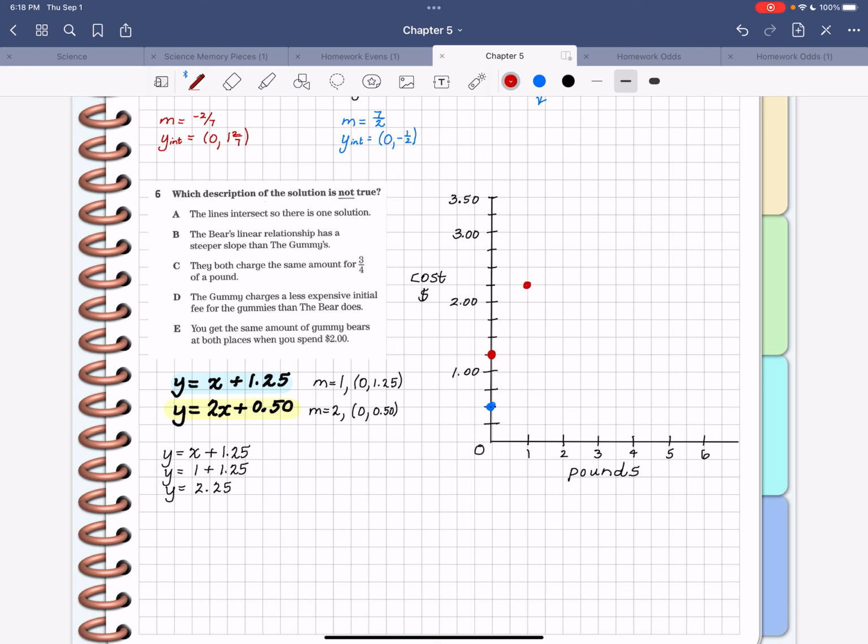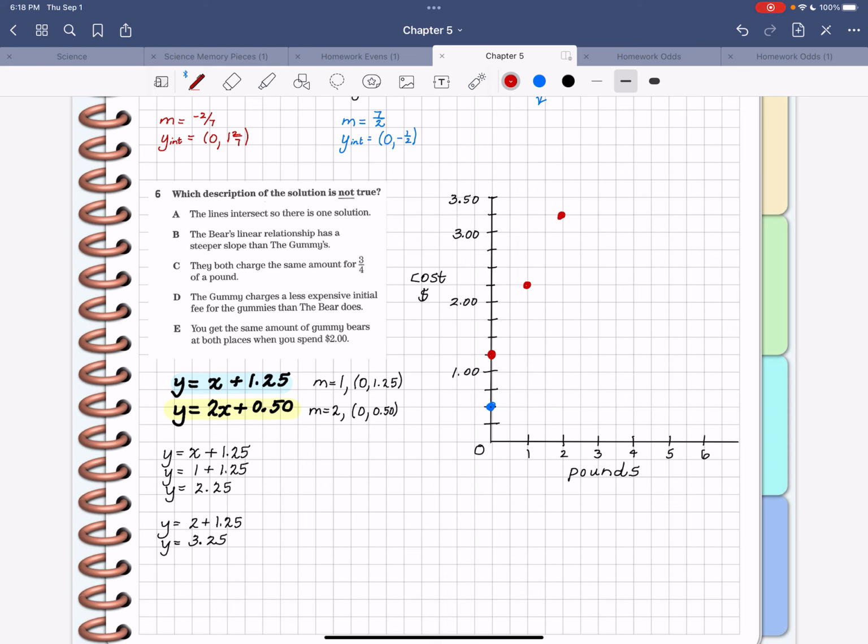Let's do one more for this store. So when x is 2 pounds, y is $3.25. So 2 is all the way up to $3.25.